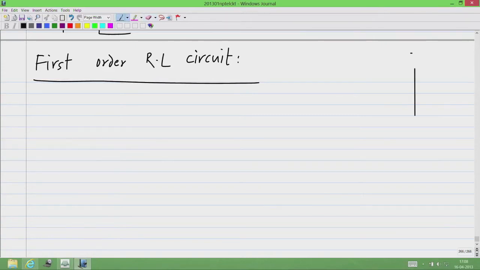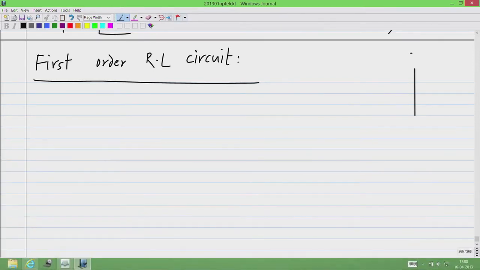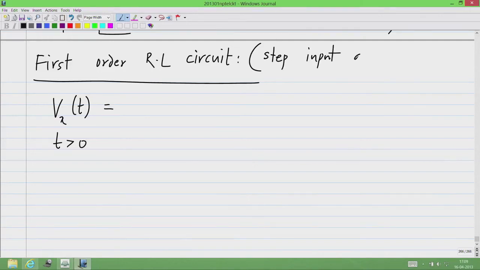First order RL circuit, in this case if we want to find a voltage Vx as a function of time for t greater than 0, and I am assuming that there is a step input at t equal to 0.